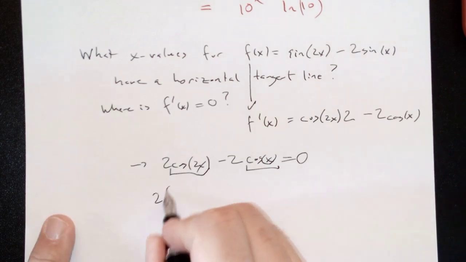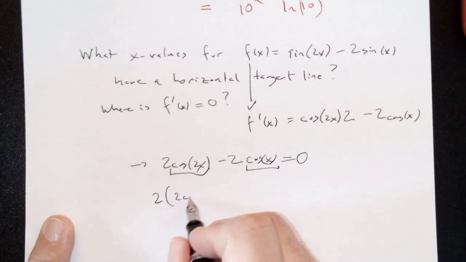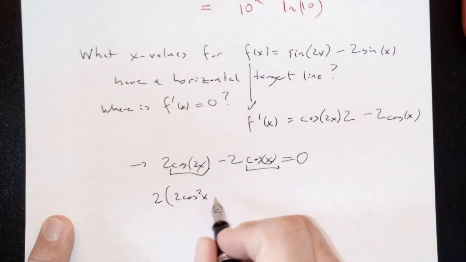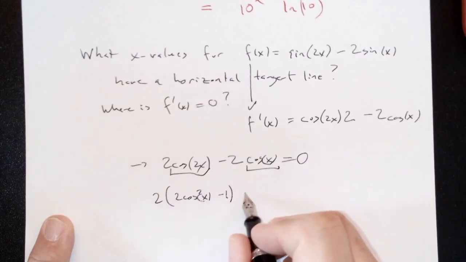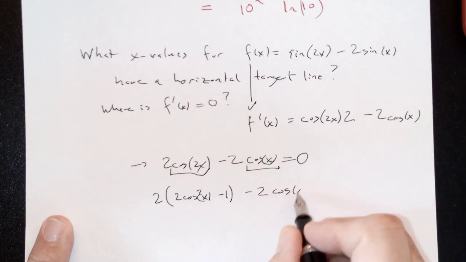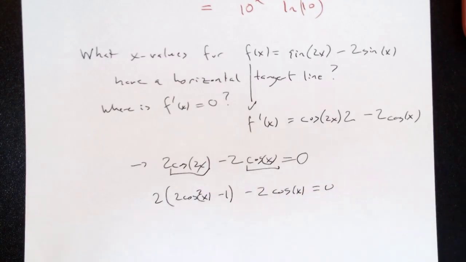Aha. So I can replace this with 2 cosine squared x minus 1. And then everything's in cosine of just x. This makes me much happier. If I'm going to work in trig functions, I want the trig function part to be as simple as possible.